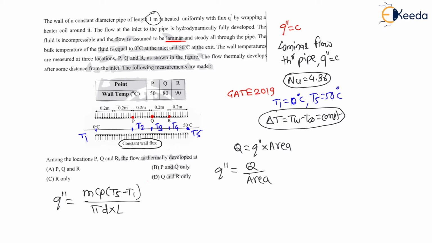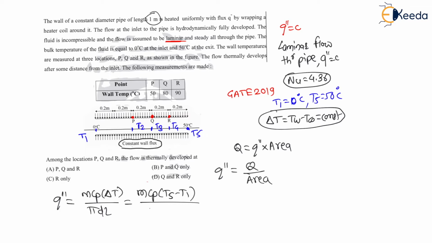Therefore here simply this formula will be mCp delta T divided by pi d L, which is equal to, if I consider mCp (T5 minus T1), the temperature difference between 5 and 1, total length is subjected to the heat flux.